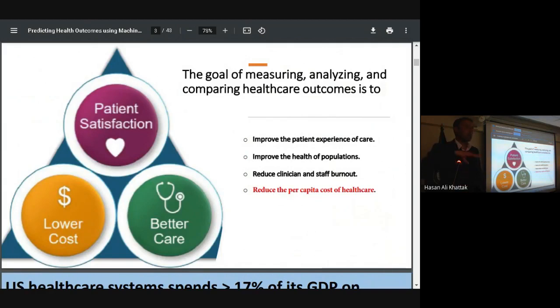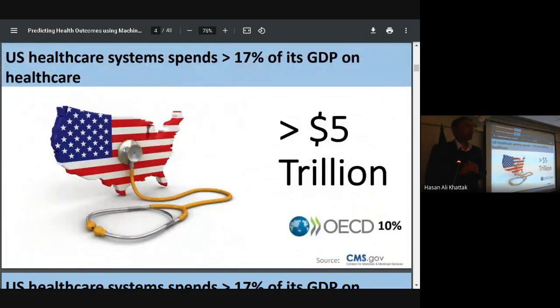I just would like to give you an idea of how important this variable of per capita healthcare cost is. At this time in the US healthcare system, the total spending is more than 70% of the US GDP, they spend on healthcare.